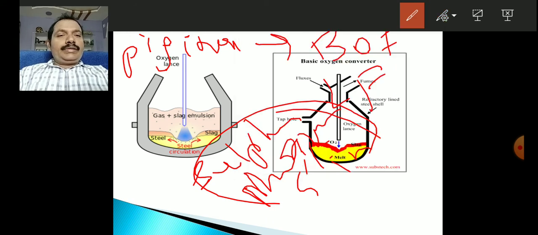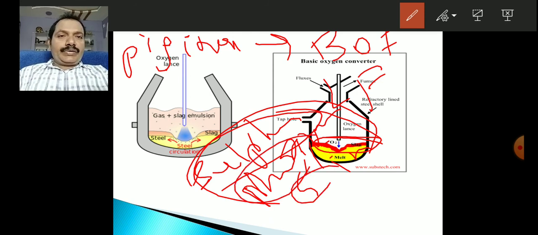So the slag here, if you observe, will collect these impurities. That is the thing you have to remember. And after taking these impurities, the pure steel metal is available to us.